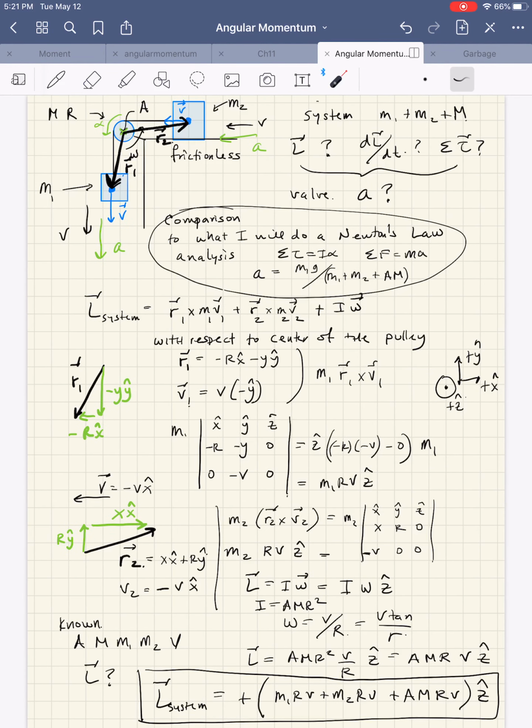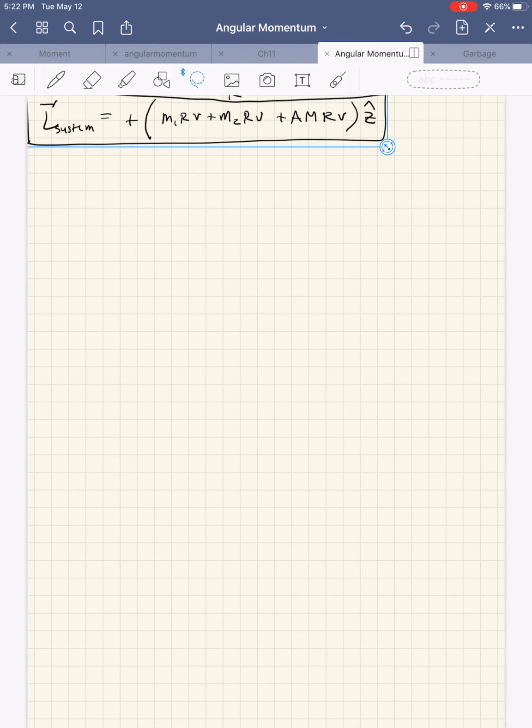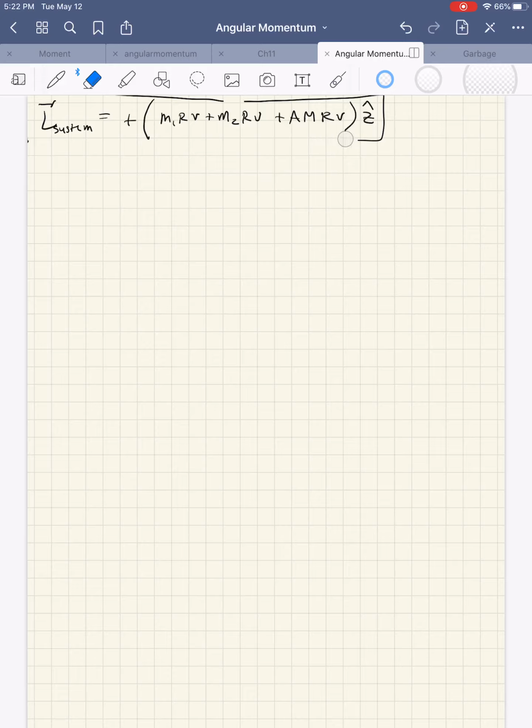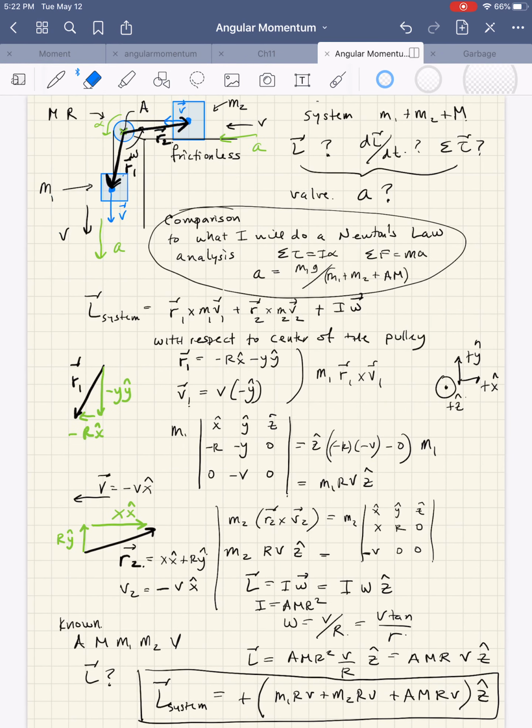So I'm going to cut a couple of things out of here. This, and then my drawing. Let's see if I can capture the best parts of this drawing.